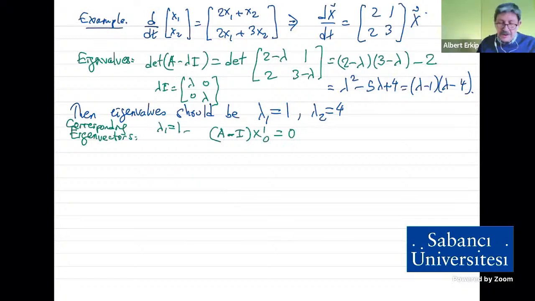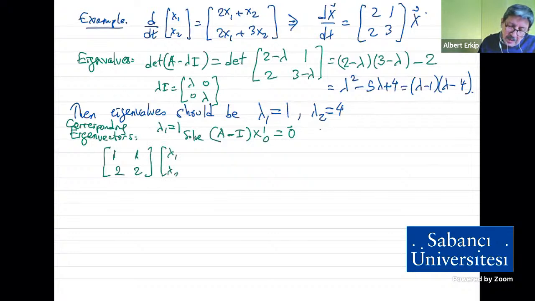Of course, this is a vector, so what is A minus I? It is 1, 1, 2, 2, times (x, y) equals (0, 0).